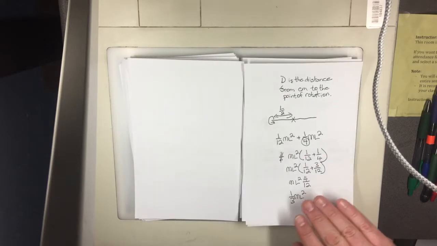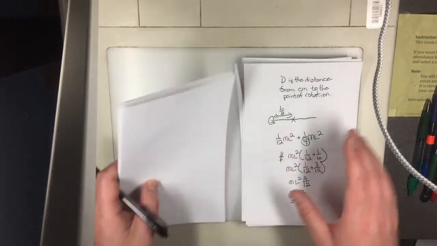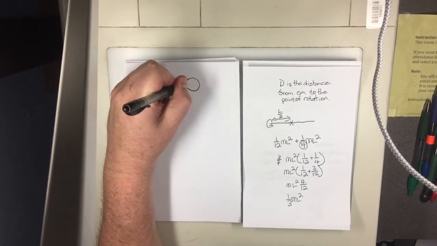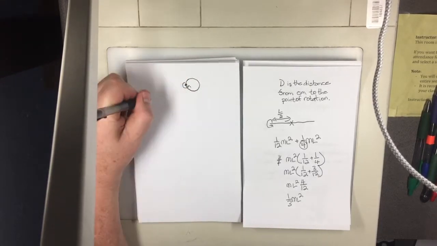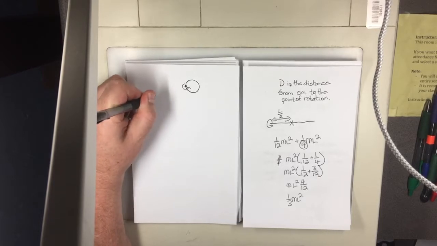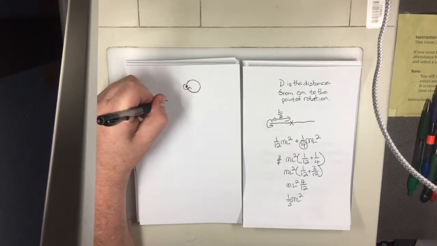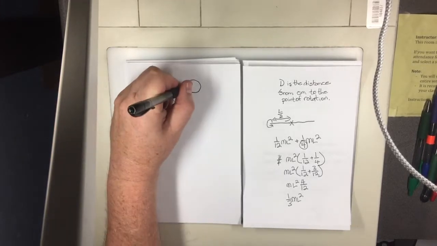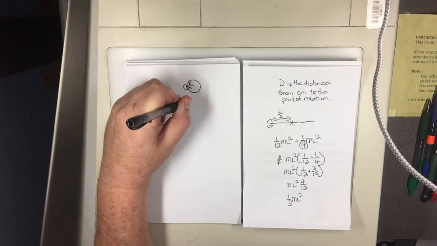So let's do something. You could do bizarre things with this. You could figure out a disk rotating about its edge. Well, let's find this out. Using the parallel axis theorem, the moment of inertia of a disk about its center of mass is 1/2 mr squared, plus md squared.